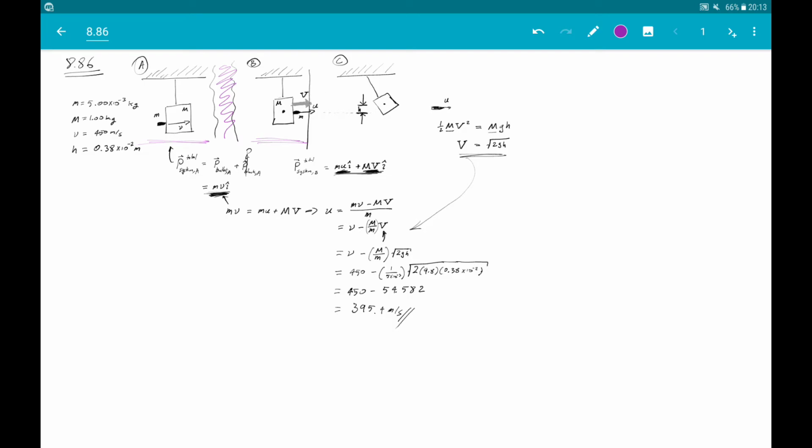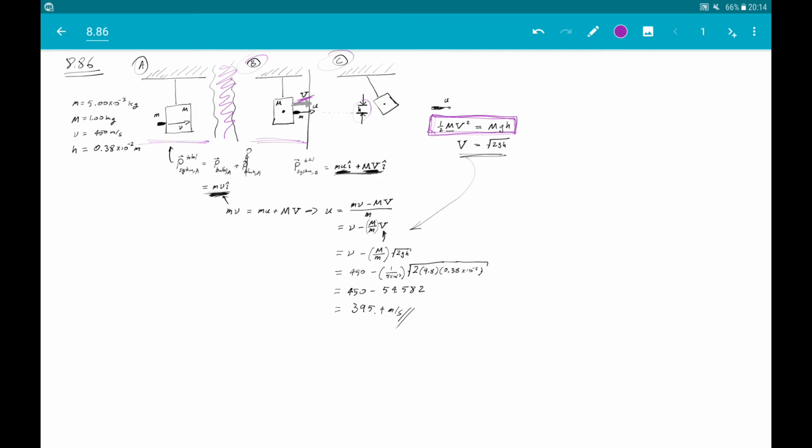The block has an initial kinetic energy because of this velocity here, which makes the block go up a distance h. So I can get the velocity of the block right after the collision based on the height the block went up, using the conservation of energy on the block between states B and C.